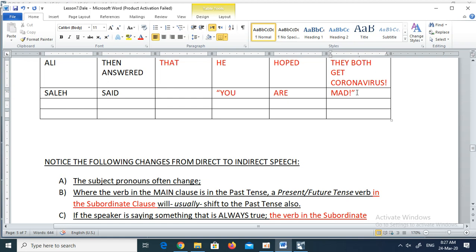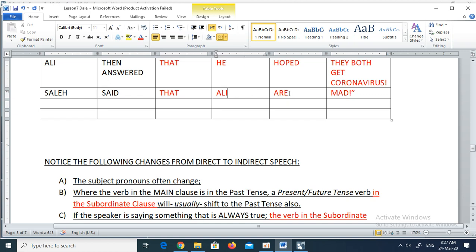Now, "Sali said" was past tense. We will put a "that." We will remove the inverted commas and we will put the subject of the subordinate clause, which is Ali.